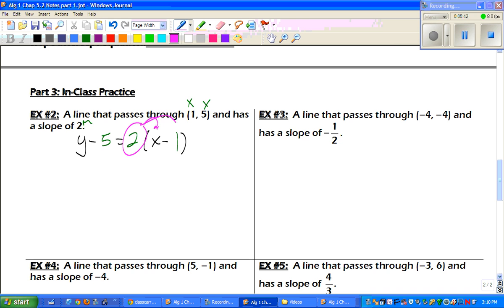We have to distribute first. You get y minus 5 equals 2x minus 2. Add the 5 to both sides, and you get y equals 2x plus 3.